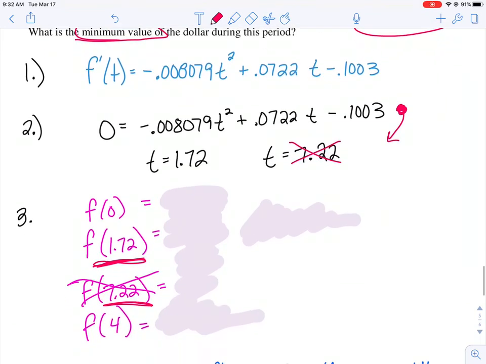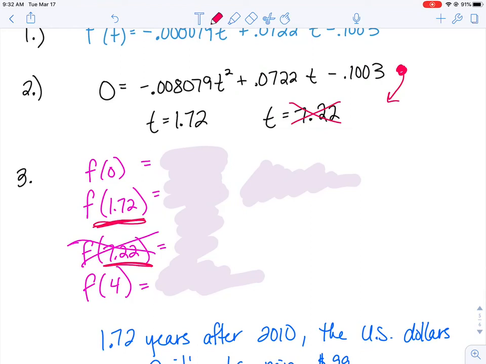And my critical number of 7.22 is way outside of that parameter, so I don't really need to worry about that 7.22. I do have to worry about the 1.72, and I do have to worry about those endpoints to see which one is the highest and the lowest. So I'm going to evaluate 0, I'm going to evaluate 1.72, and I'm going to evaluate 4 in my original function to see what those values are.